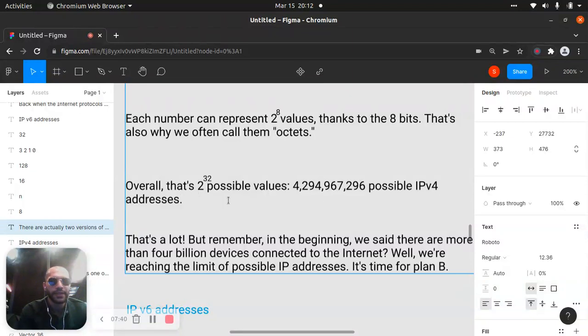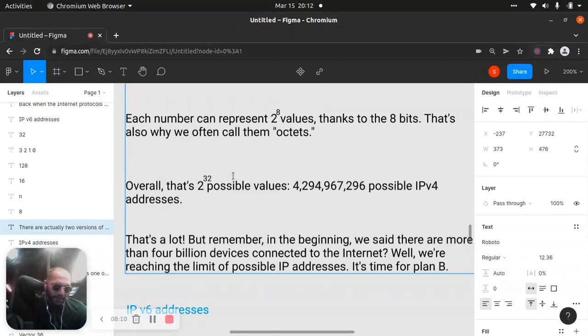Overall, that's 2 to the power of 32 possible values. That number is about 4 billion, 294 million, 967 thousand, 296 possible IPv4 addresses.